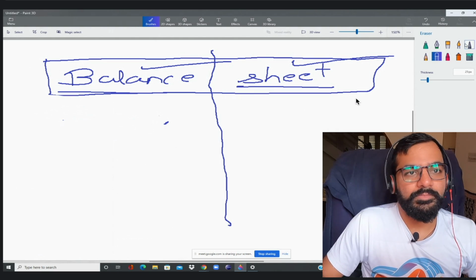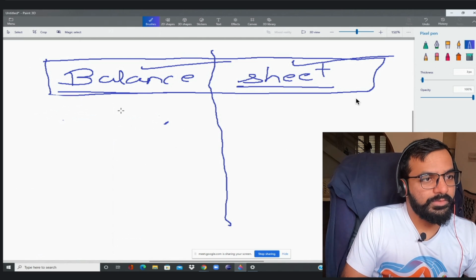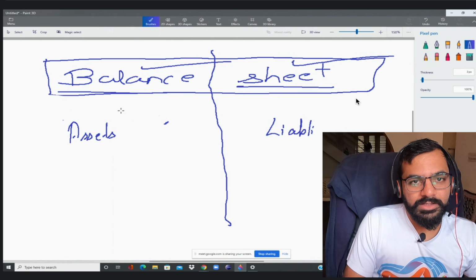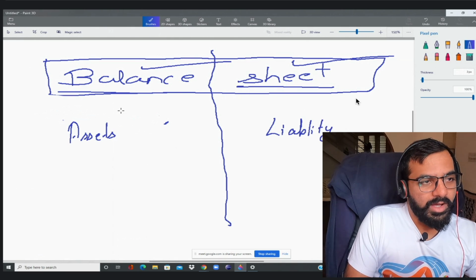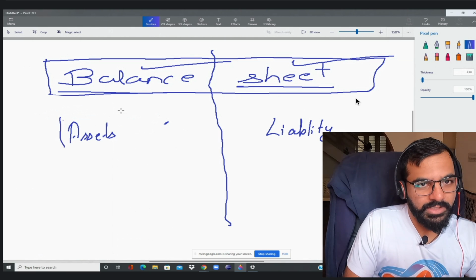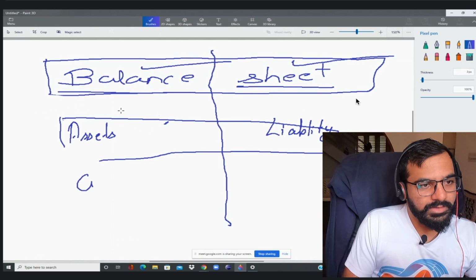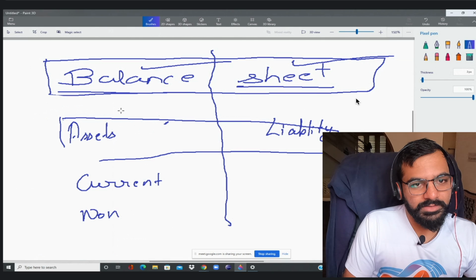Okay, so as she told, we have two things: assets and liabilities. What we had earlier divided, in assets and liabilities, was current and non-current, right?